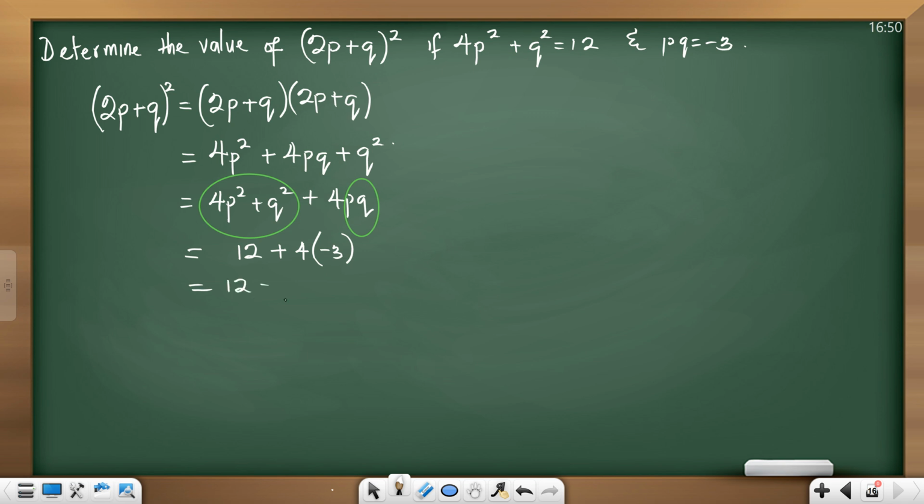Negative 3. 12 minus 12, and that would give you 0. That's 1.5, and that's done there. That is done there.